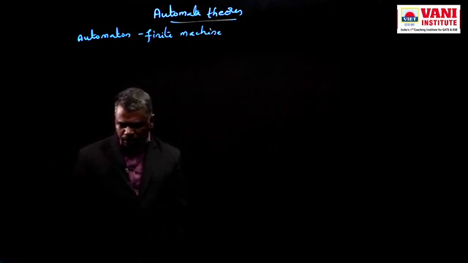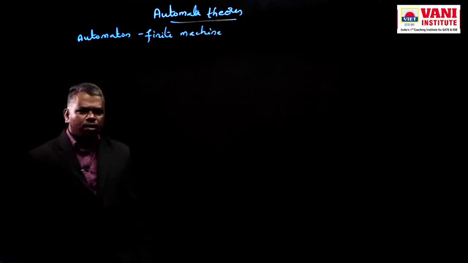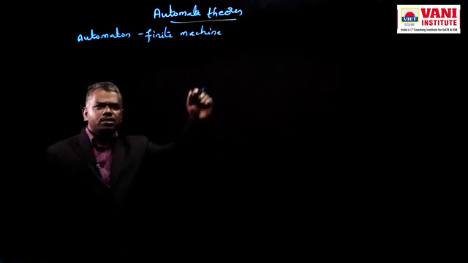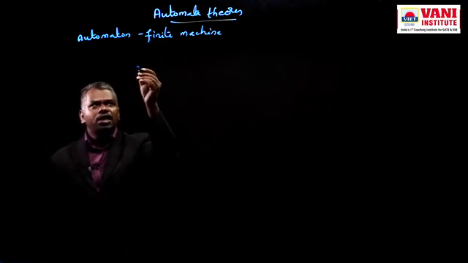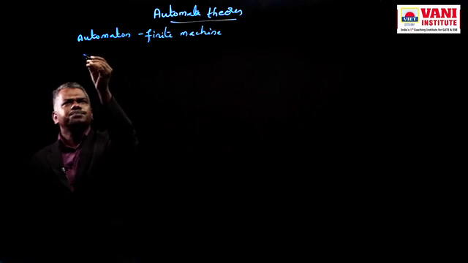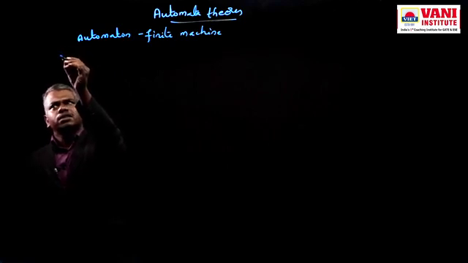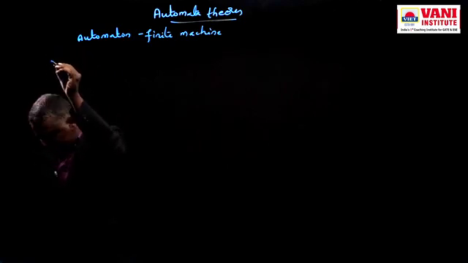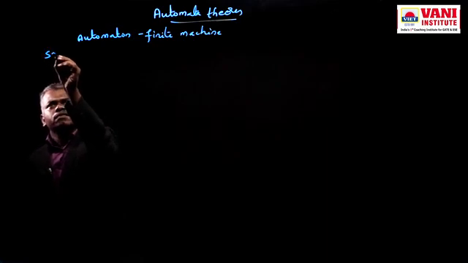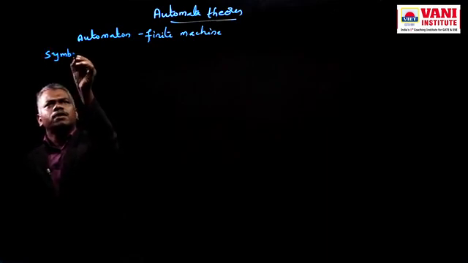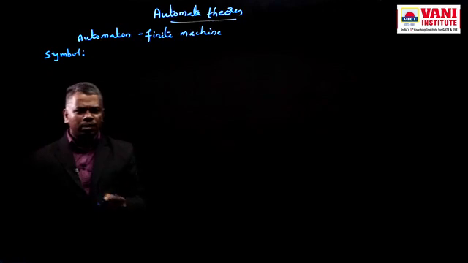Before defining the finite machine, certain symbols and terminology related to finite automata are very important. So the basic terminology in the theory of automata: the first one is, what is a symbol?